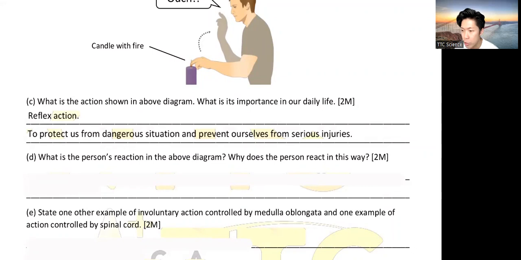Ensure survival? Okay, better not lah. We better write it this way: protect ourselves from injury. Make sure you have keywords like that. Protect ourselves from serious injury. I'm just writing the longest I could to show you, but you can keep it as simple as that: to prevent ourselves from serious injury, or protect ourselves from serious injury.